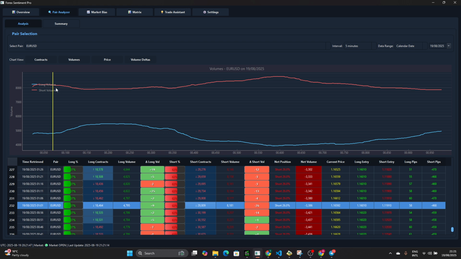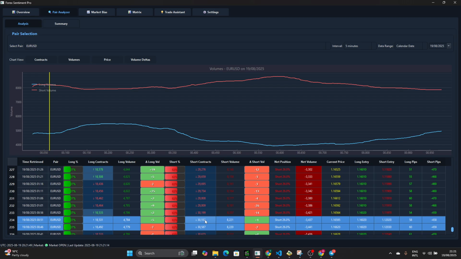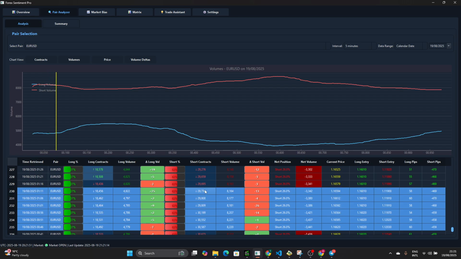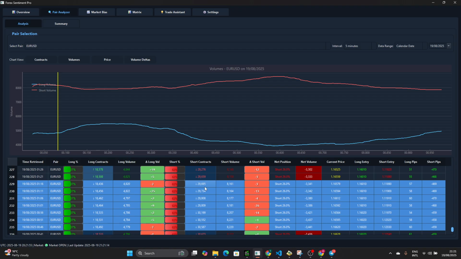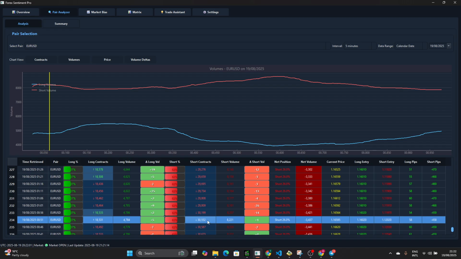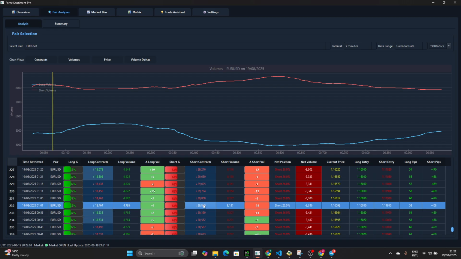So while they are net short, any volume closing out or reducing volumes on the net volume side, in this example which is short, that is a signal for me to go short, because retail traders are closing their short positions and they're opening long positions.